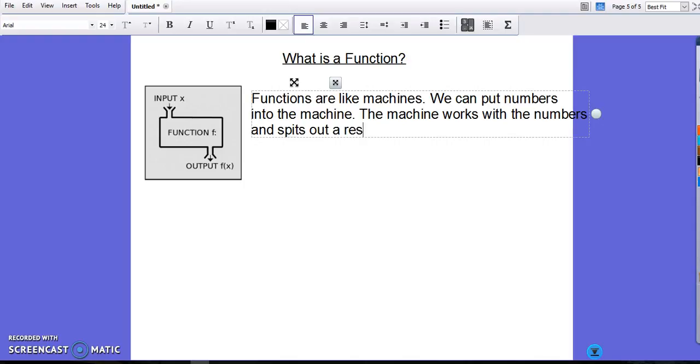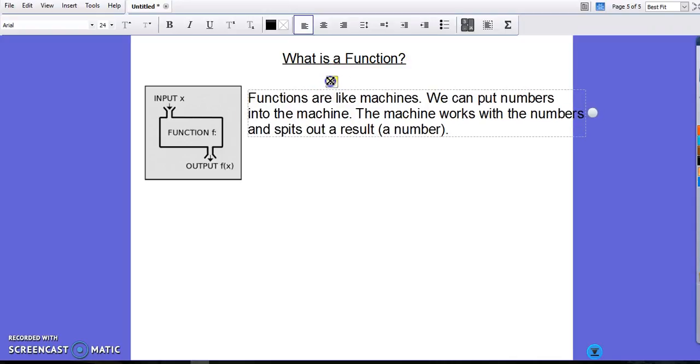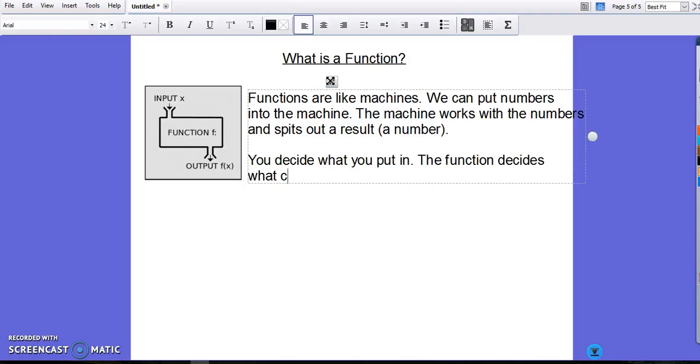It spits out a result, which is also a number. So you decide what you put in. The function decides what comes out.